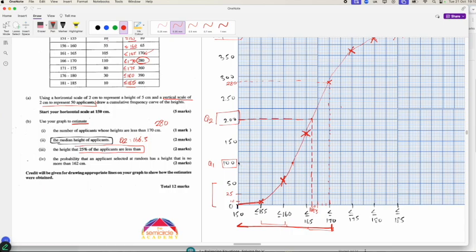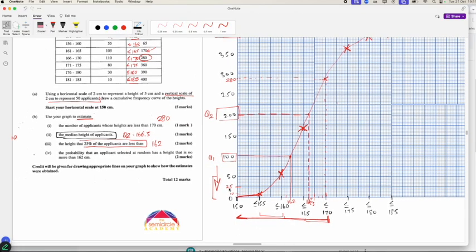This is 25% of people. So 100 or less will be less than this height here, which is about 161. Let me call it 162. All right, so 162 here. This height here lines up with my 100 people. So that means that 25% of applicants are less than 162 centimeters. Any questions on that one?